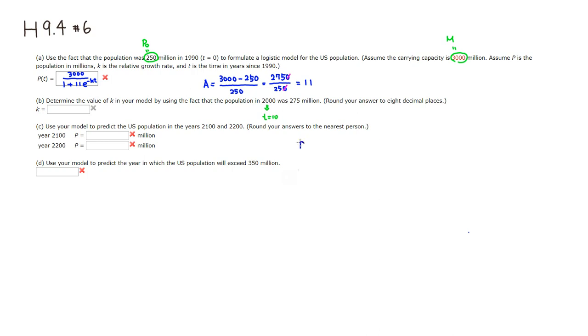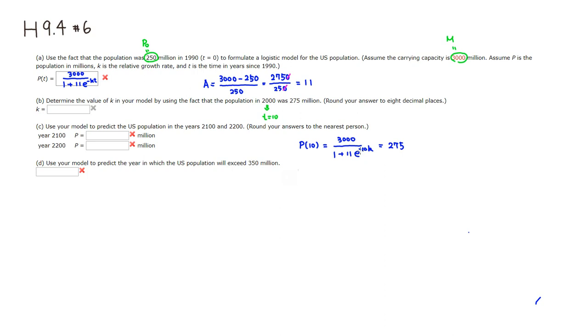Population after 10 years, following the formula, is 3,000 over 1 plus 11 e to the negative 10k, and this is equal to 275.